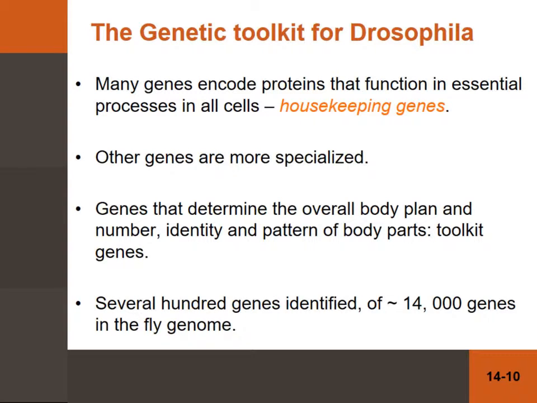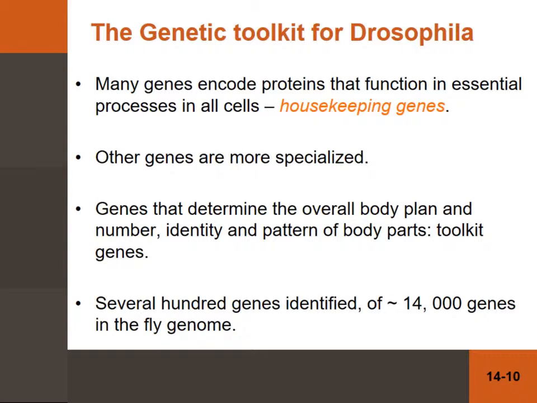We're going to focus in this lecture on what's called the genetic toolkit for the fruit fly, Drosophila, because its identification was really the major source of insights into the genetic control of development.